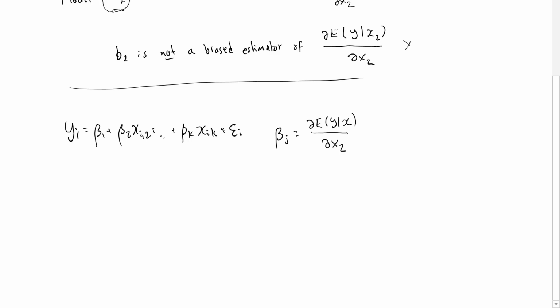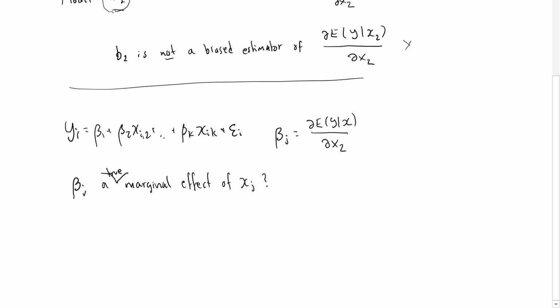And let's try to consider this question. Is beta j in general a marginal effect of xj? And let's add the word true here. A true marginal effect of xj.